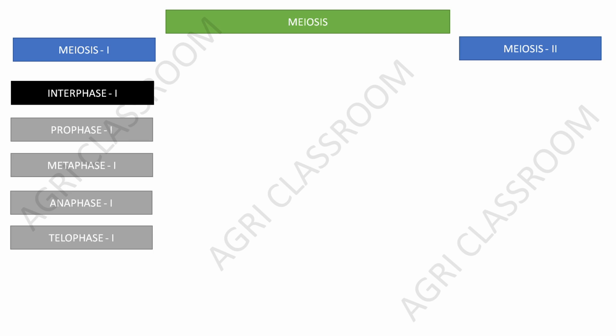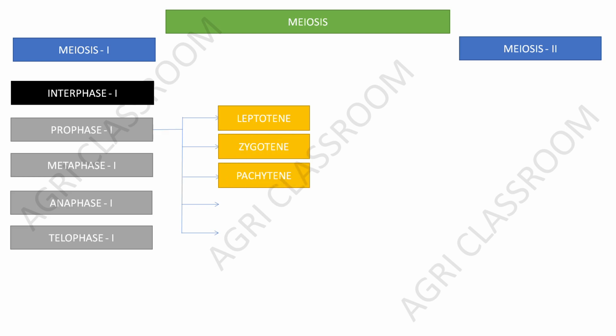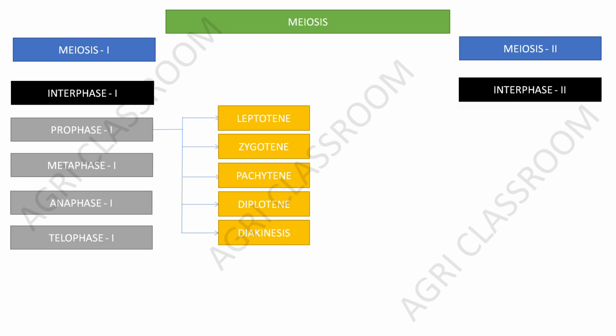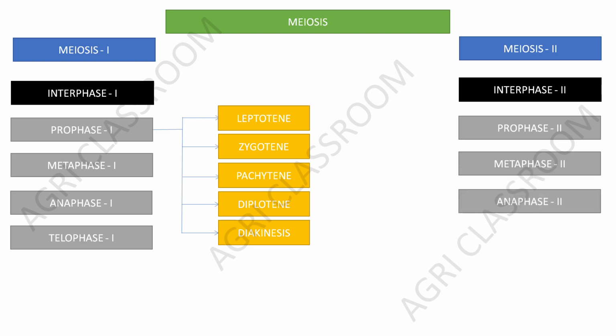In prophase 1, there are 5 substages: leptotene, zygotene, pachytene, diplotene, diakinesis. Meiosis 2 is divided into 5 phases: interphase 2, prophase 2, metaphase 2, anaphase 2, telophase 2. The detailed description of all the phases is as follows.